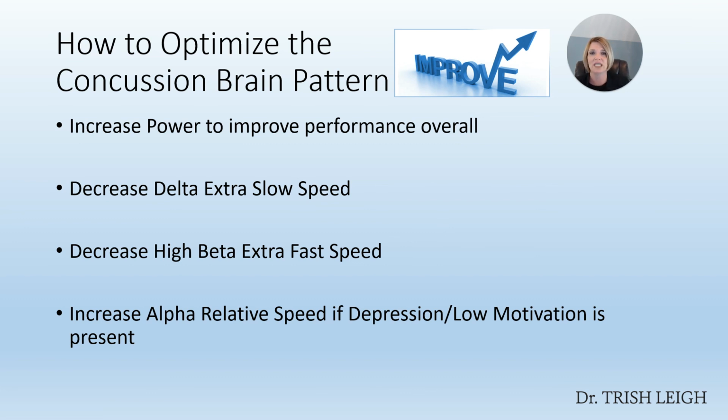We need to make sure that brain doesn't kick it into overdrive using excessive fast speed, because over time that creates anxiety in a low and slow brain that needs to kick it into overdrive so that person can go back to their life and try to perform. And we need to make sure that the perfect processing speed of alpha is being used so that low motivation doesn't set in. And if it does, we need to speed the brain up to get motivation back on board and avoid depression.